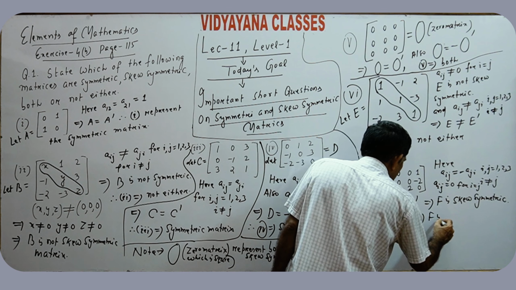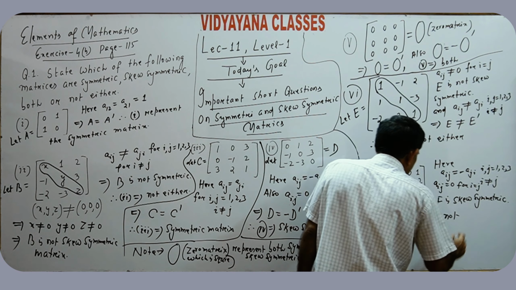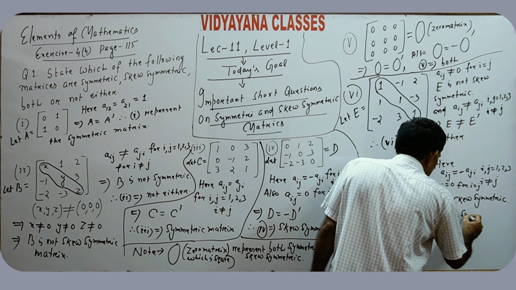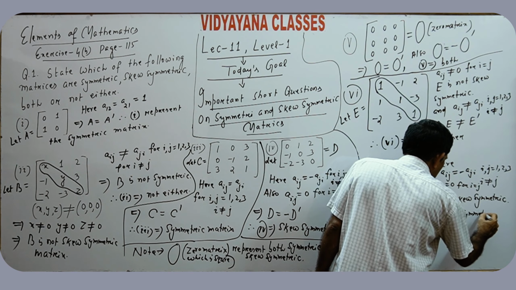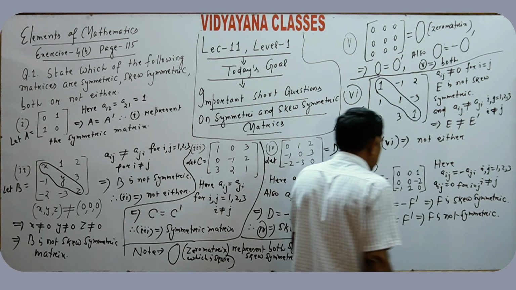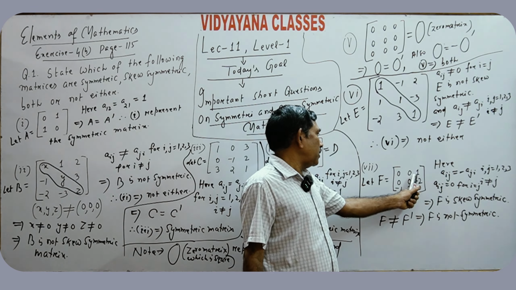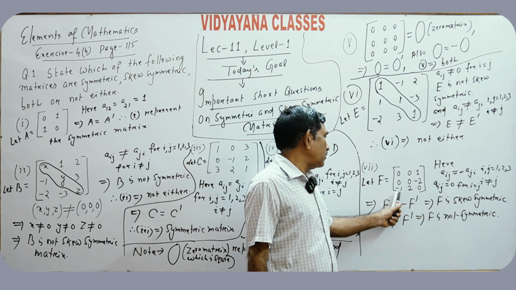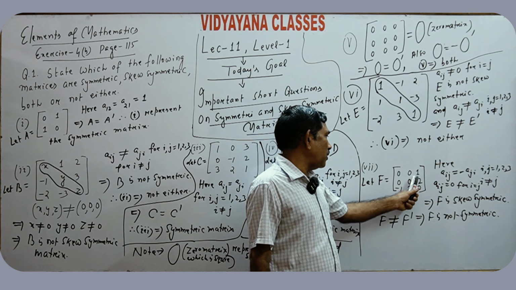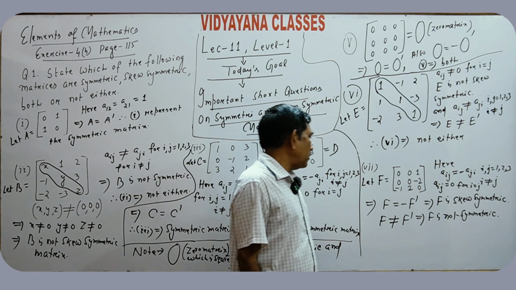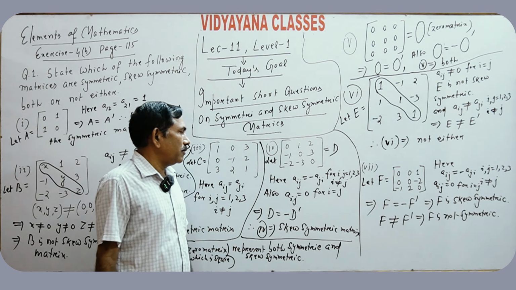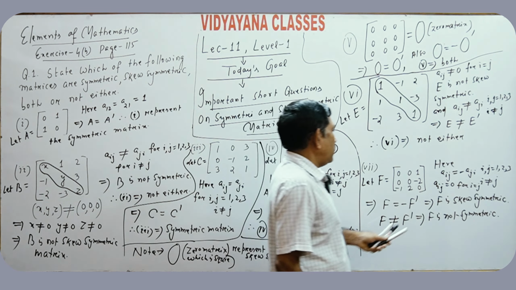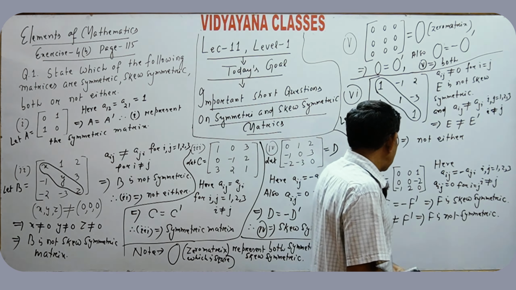This implies F is not symmetric, since A13, that is 1, is not equal to A31, which is minus 1. F is not equal to F transpose, that means F is not symmetric, but F is only skew symmetric.